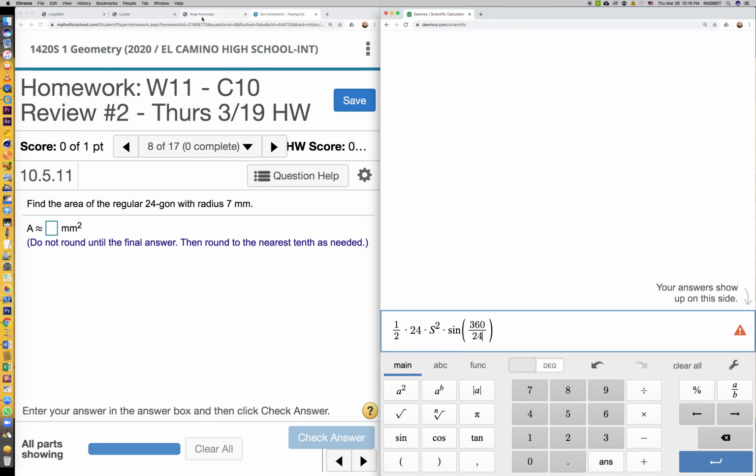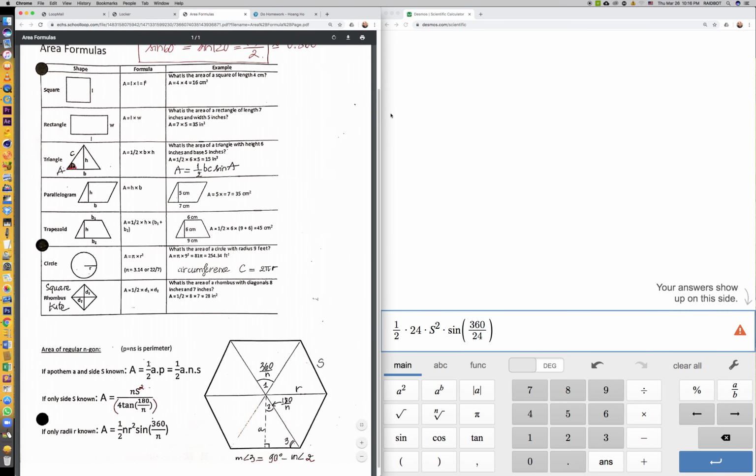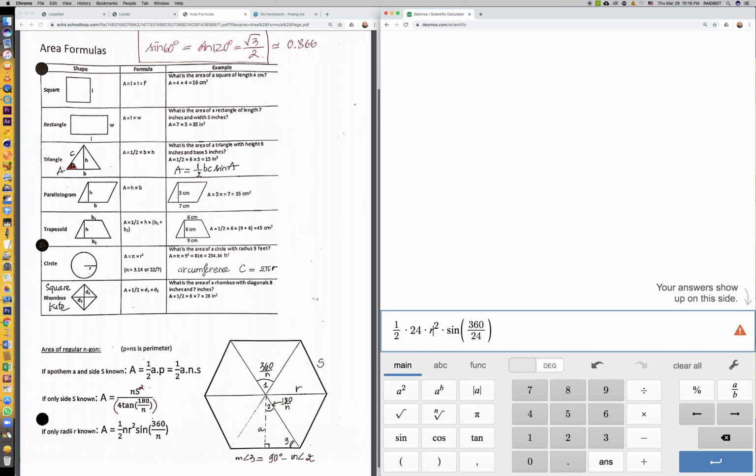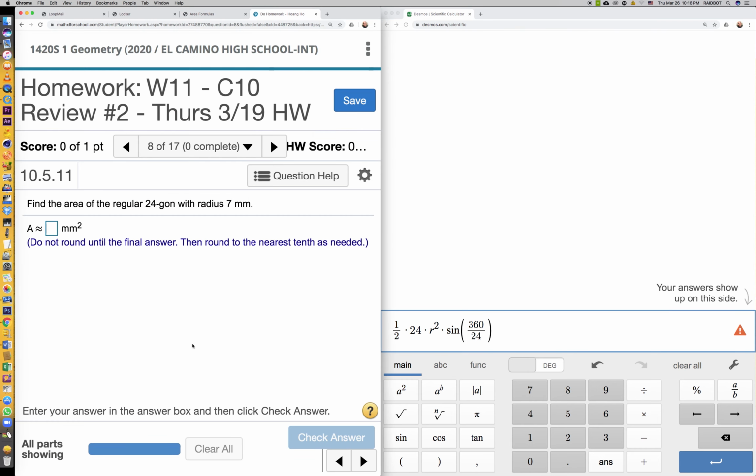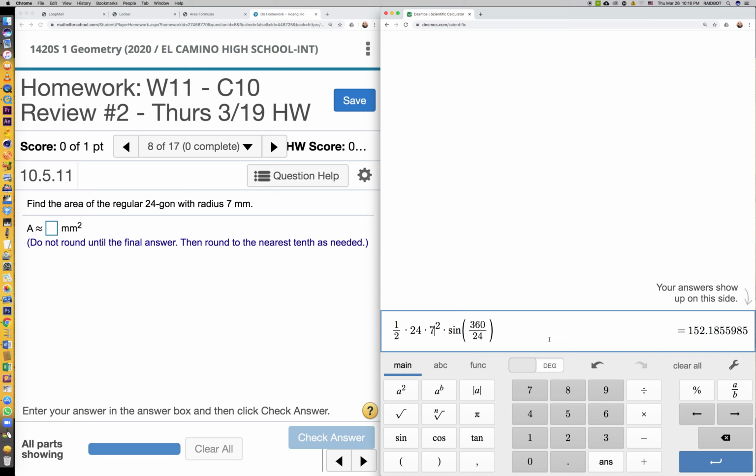I entered capital R, but it should be lowercase r for radius. So the radius is 7, so I revise it to 7, and voila, I got the answer.